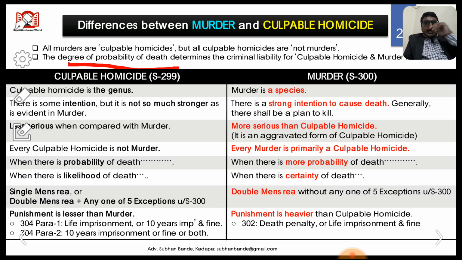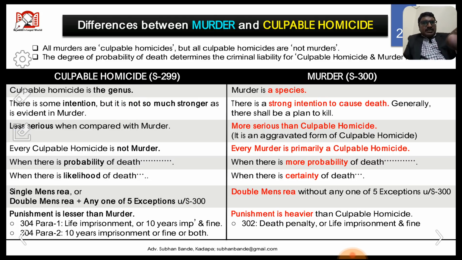Culpable homicide is defined under section 299. The concept of murder is defined under section 300 of the Indian Penal Code. Culpable homicide is a genus, murder is a species, murder is a form. It is a part and parcel of culpable homicide.